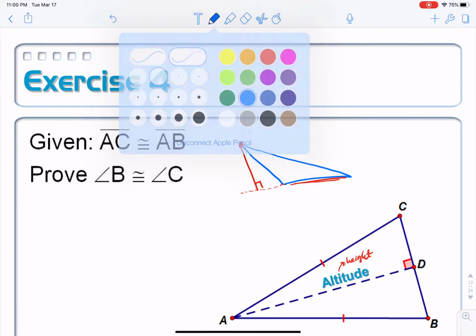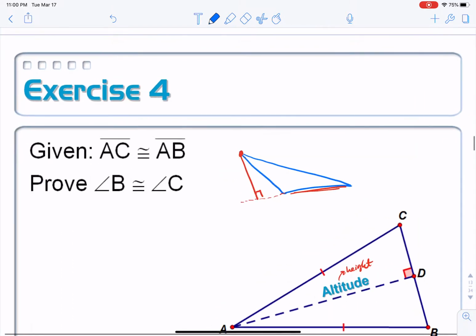Let me write something down here. An altitude is, let's underline that, really highlight it so it pops out.